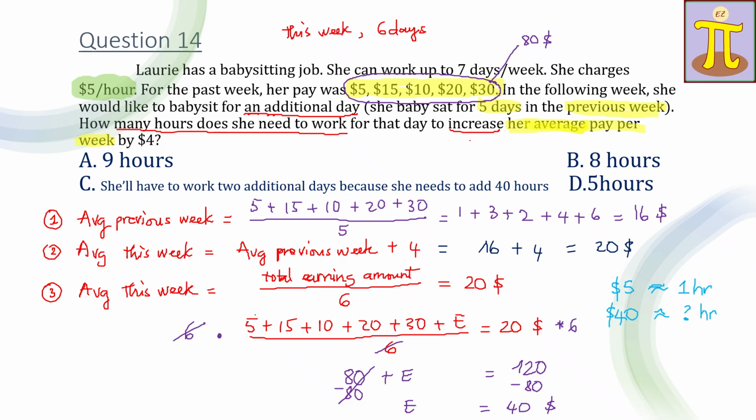So 40 times 1 over question mark is the diagonal cross. Multiply 40 times 1, divide by the rest, divide by 5. 40 times 1 is 40, divided by 5 is 8. So it is 8 hours. Cross multiply, divide by the rest. Remember that the units have to be the same in each column.